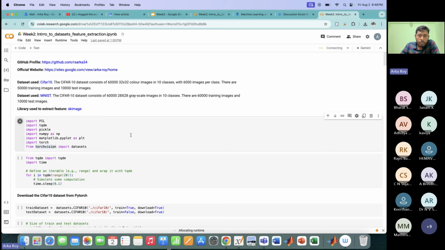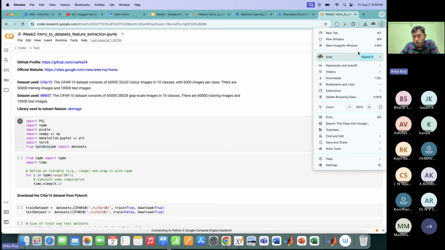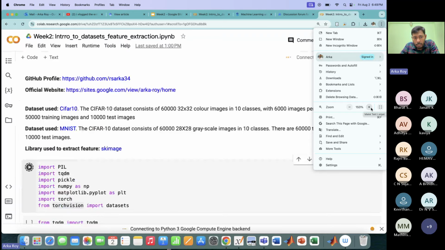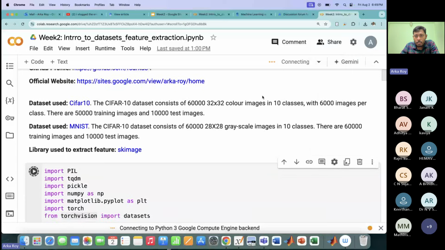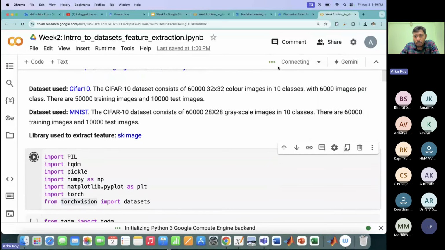So you can run it from here. When you run, on this particular site, if I just zoom it a bit, over here if I just run this, you see that it is now connecting to the web.